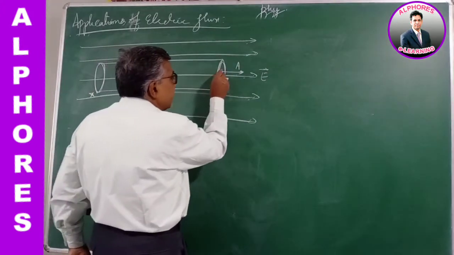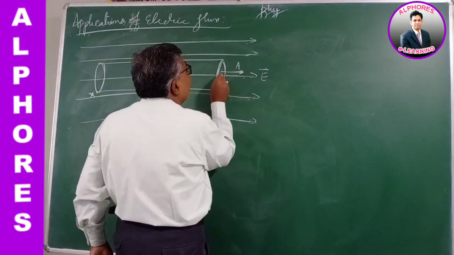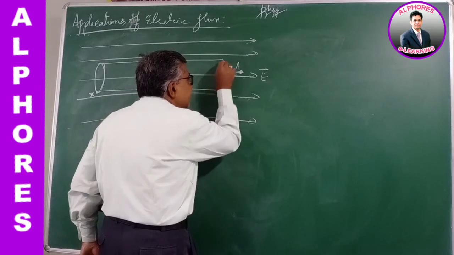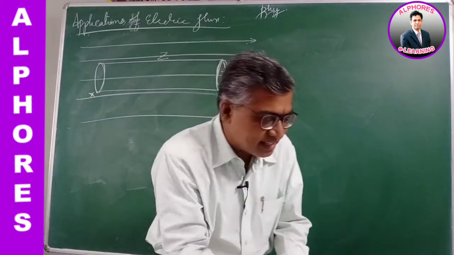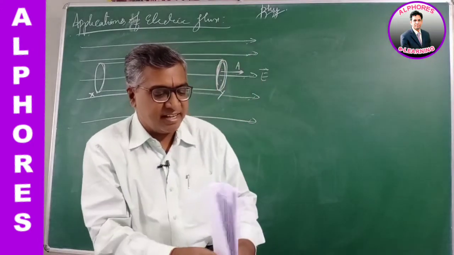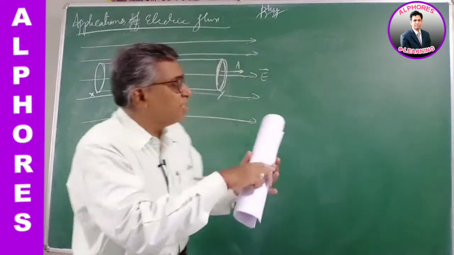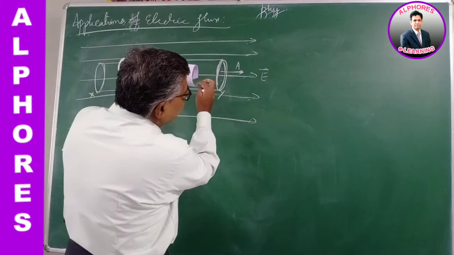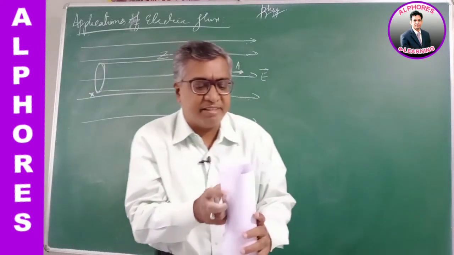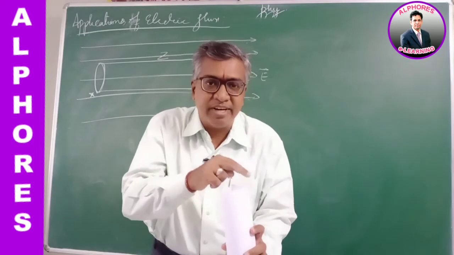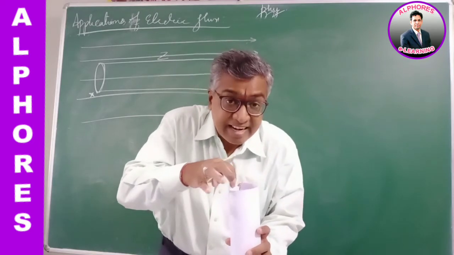The area is A and normally away. Suppose I take a cylinder like this. If it is a cylindrical tin with a lid, imagine a lid over it. Then that circular lid, right?